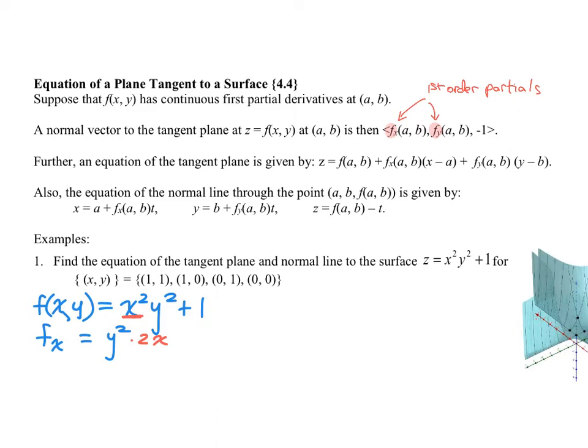Clean that up and you get 2xy squared. We'll worry about our partials first and then we'll tackle the coordinates. The second partial, first order partial with respect to y, I hold the x squared as constant and then take the derivative of the y squared term, which gives me 2y. So what I'm looking at here is 2yx squared.